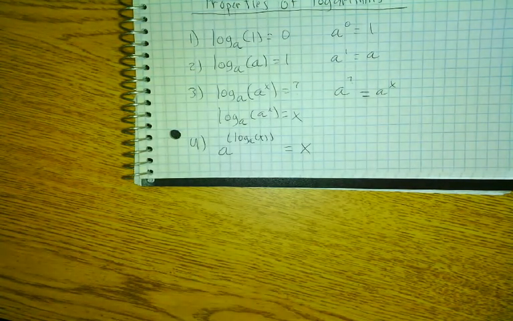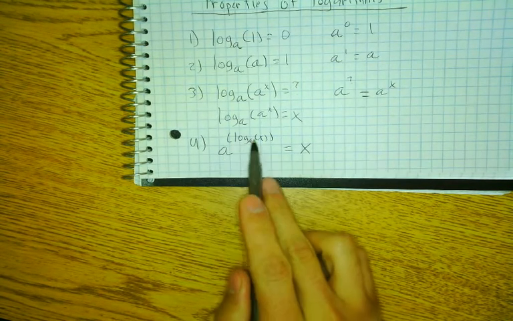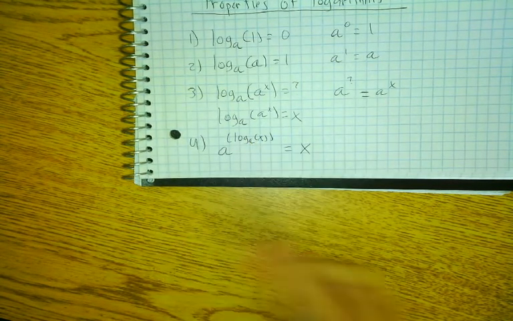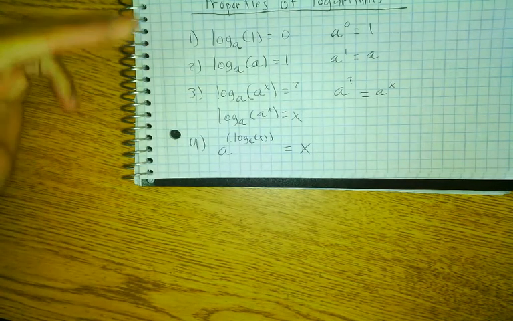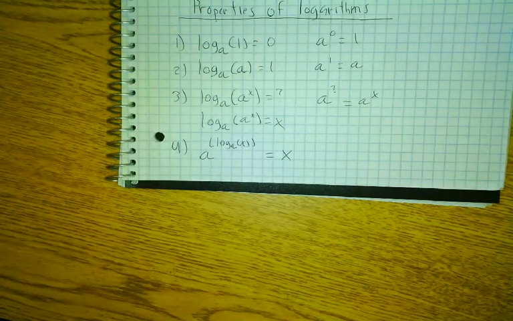Logarithms and exponential functions are inverses of each other, and they have the same base. If this is a base a and this is a base a, then they're going to cancel, leaving you with x. Fair enough? To be honest, these properties you could memorize, and they're pretty easy to memorize. However, a lot of these are pretty common sense, where I think you can figure it out when you're working with them. Cool?